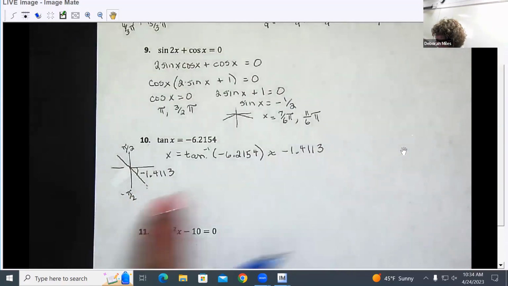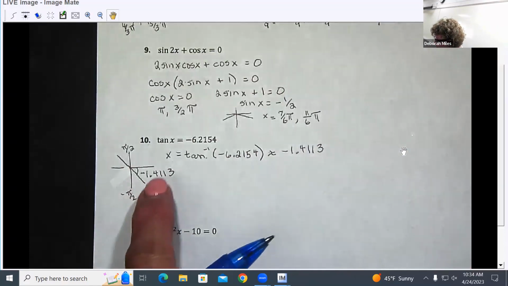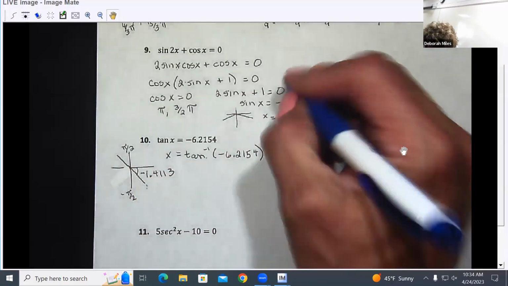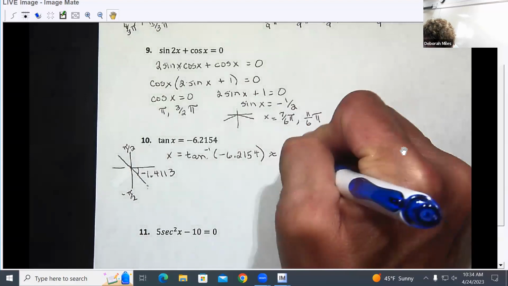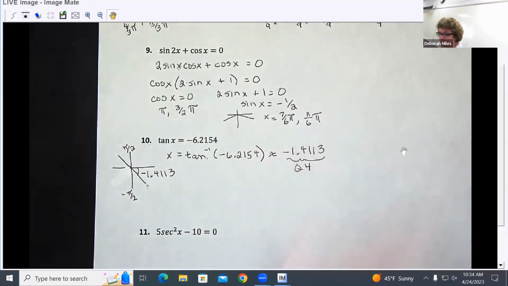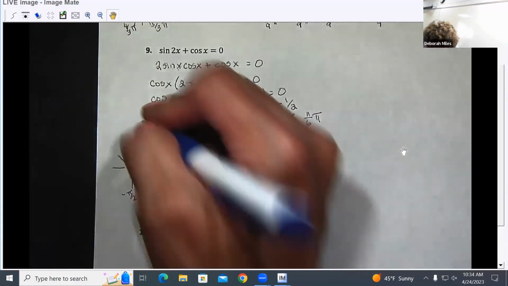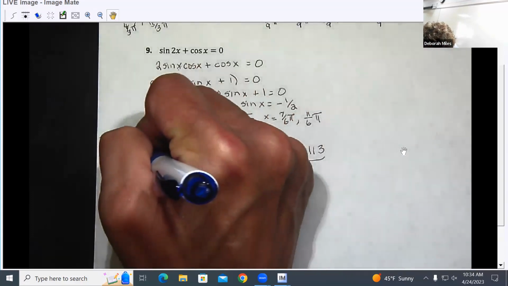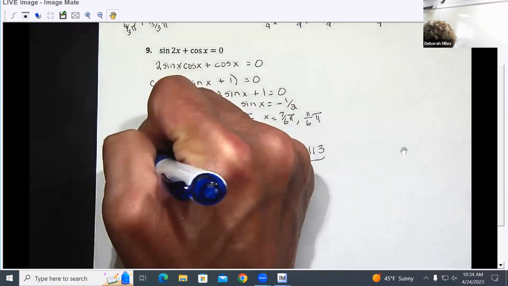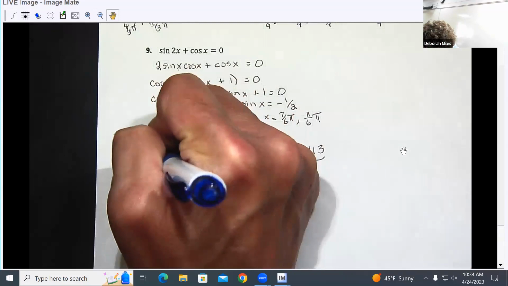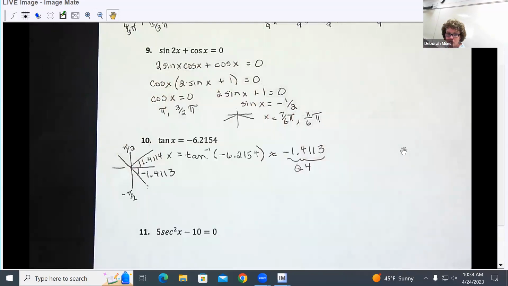If theta is -1.4113 in quadrant 4, then the reference angle for that would be +1.4113.